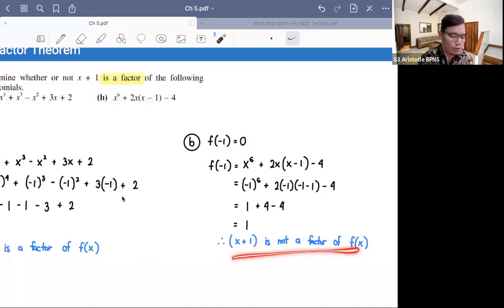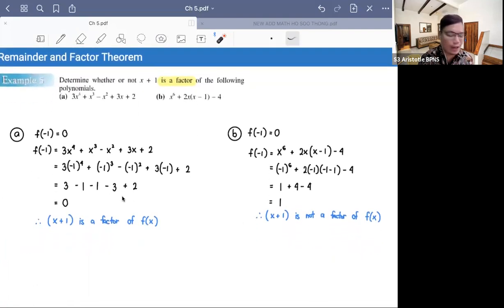If it's 1, that means it's a remainder. So it only becomes a factor if the function, when you evaluate it, is equal to 0. Most of the time, when we apply factor theorem, it's always equal to 0.